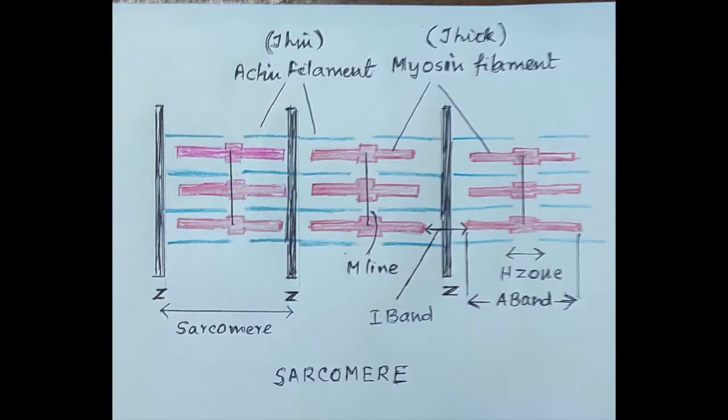This picture shows a sarcomere. The thin filament actin is blue colored, the thick filament myosin is red colored. Shown also are the sarcomere unit, M line, I band and the A band, which will be explained shortly.